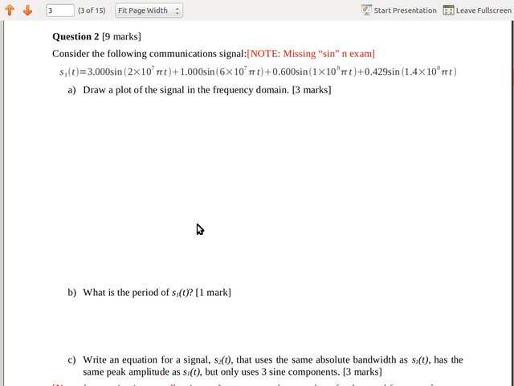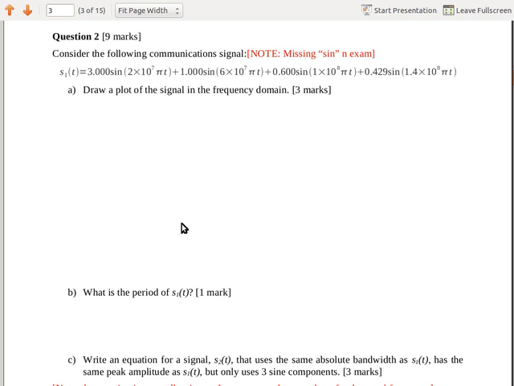6 by 10 to the 7 would give us a frequency of how many megahertz? 30 megahertz.